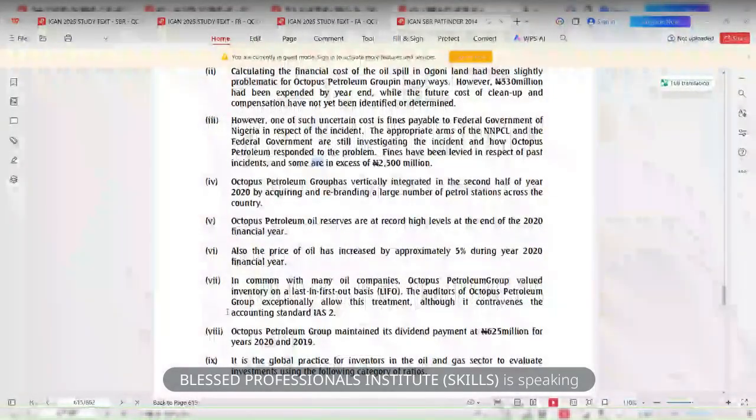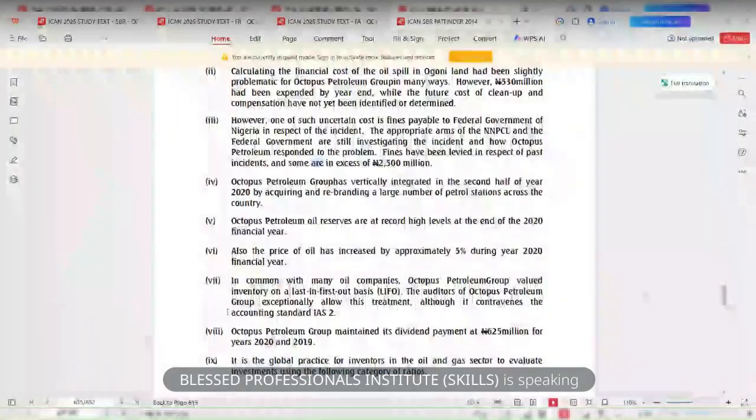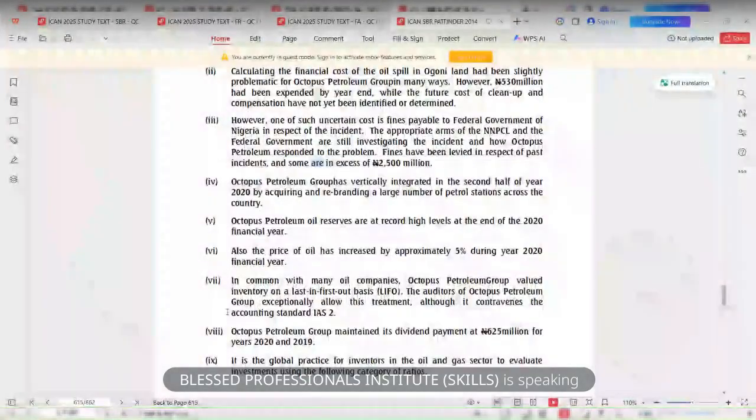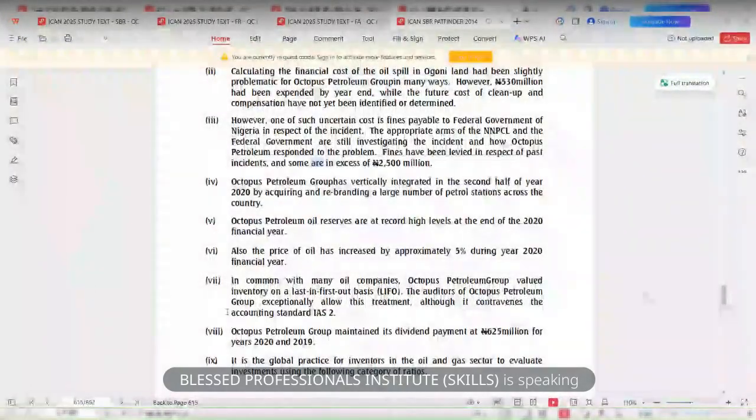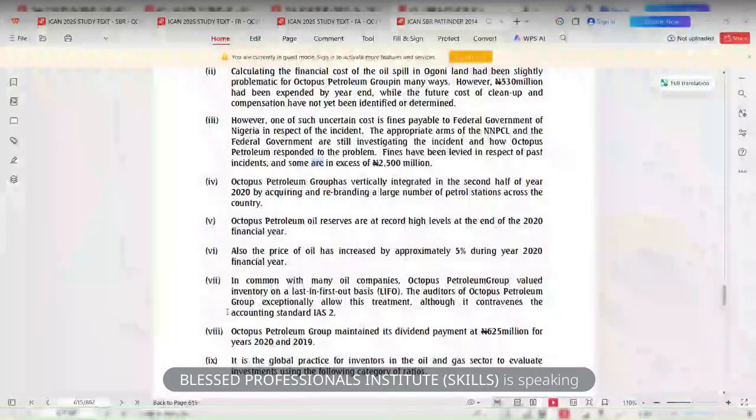There is also the future possibility that the cash position of the company will decline further when they might pay more fines and penalties in respect of the oil spill in future. You remember that in the additional information, they were told that they are still investigating. So after they are done with their investigation, there is a tendency that they will be asked to pay more fines for the whole oil spillage. So we try to include that in here also.